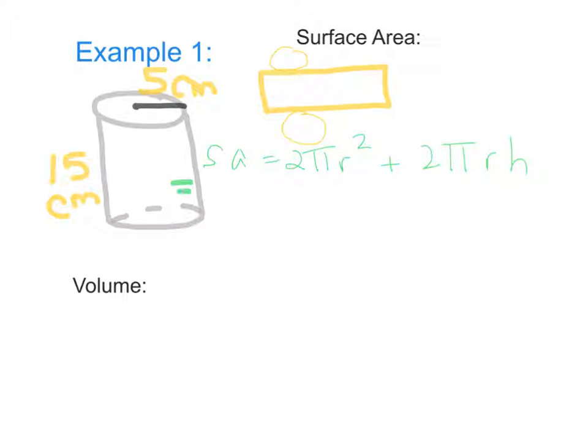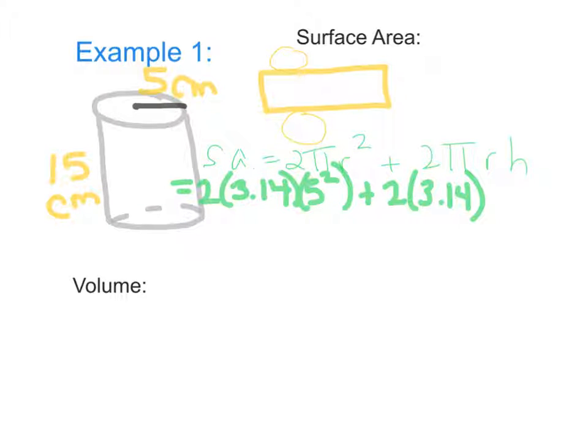So we're going to get surface area is equal to 2 times 3.14 times the radius squared plus 2 times 3.14 times the radius times the height.